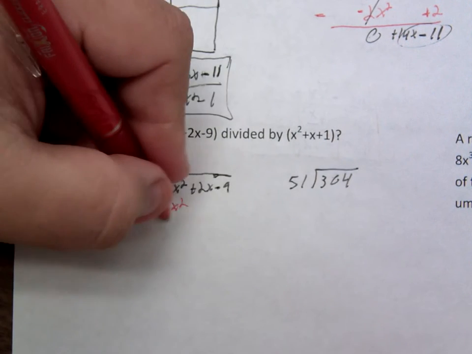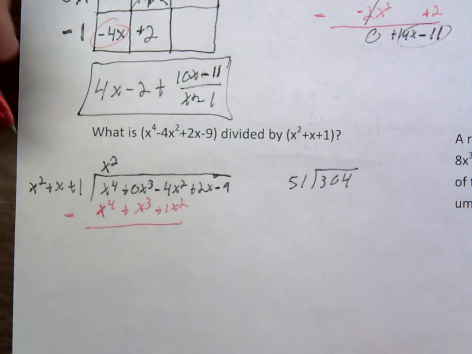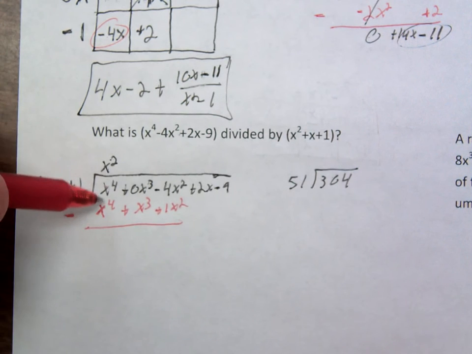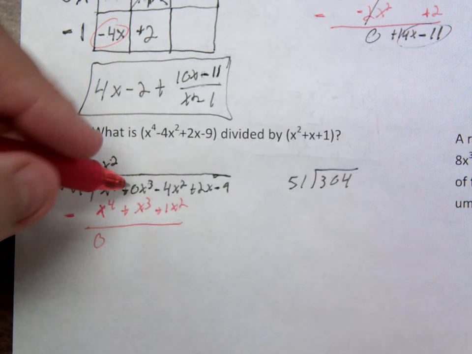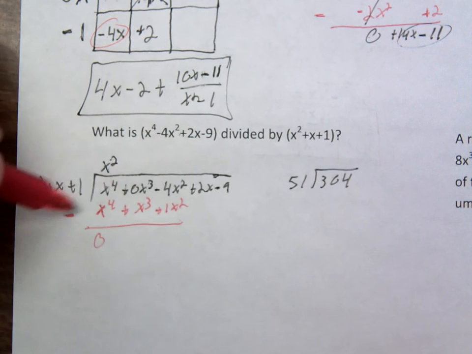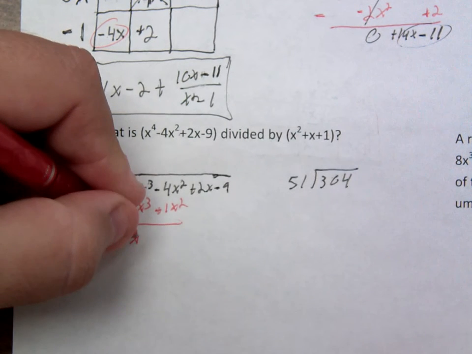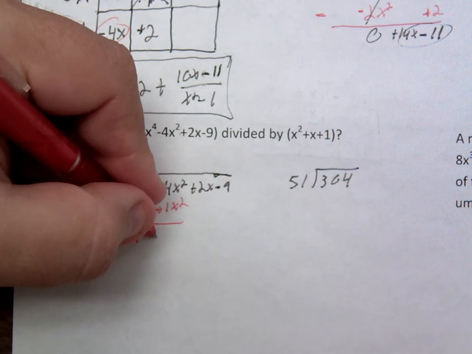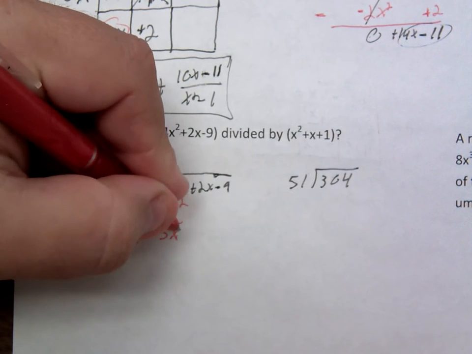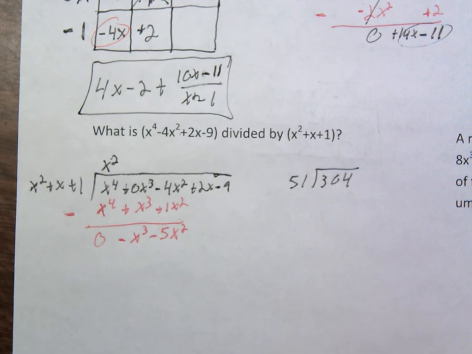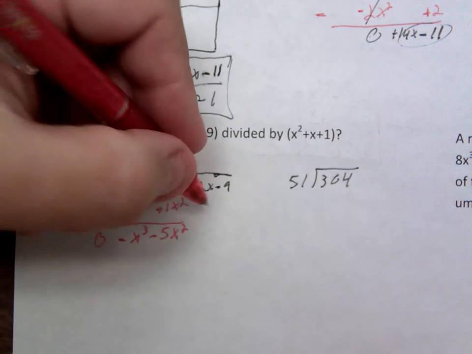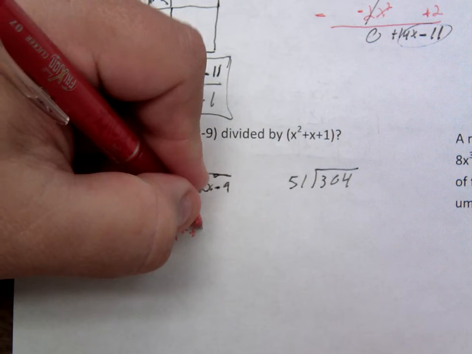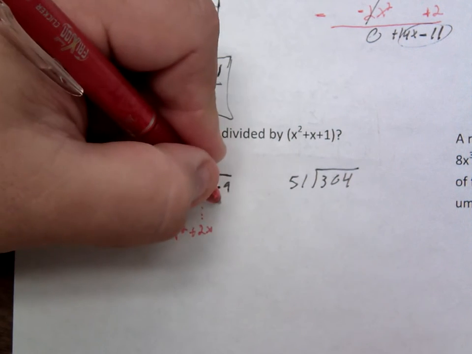All right, so this we're going to subtract. We're subtracting all of that. So x to the fourth minus x to the fourth, that's 0. 0x cubed minus x cubed is going to be a negative x cubed. And then negative 4 minus 1 is going to be a minus 5x squared. All right, and we continue on. We're going to drop down all of our terms. So we get plus 2x, came down here, and then a minus 9.